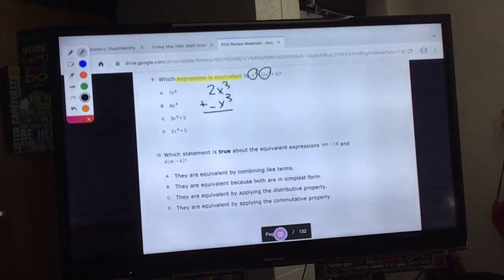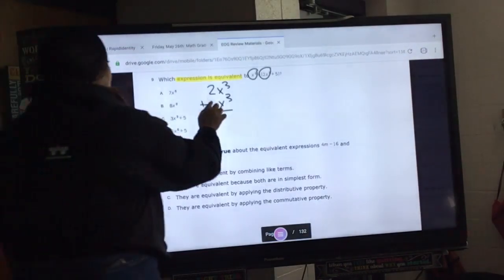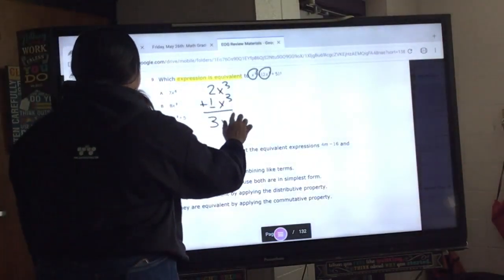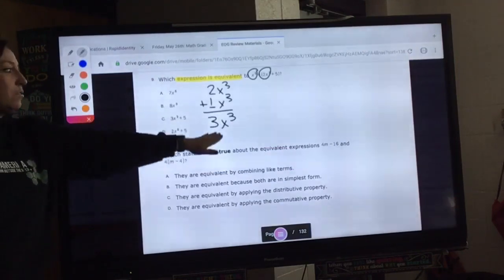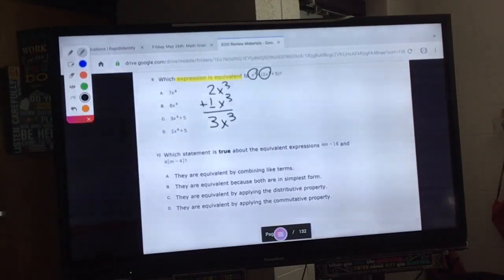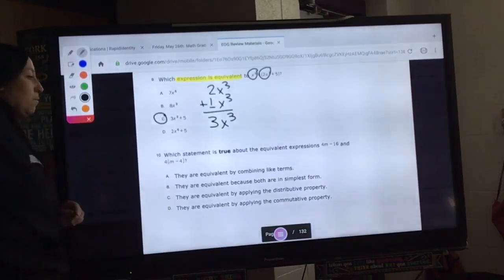It's an invisible number. What is it? Kaya? 1. So knowing that that is 3x to the third, do we know our answer? Based off of our answer choices, knowing that that is 3x to the third, do we know our answer? C is our answer.